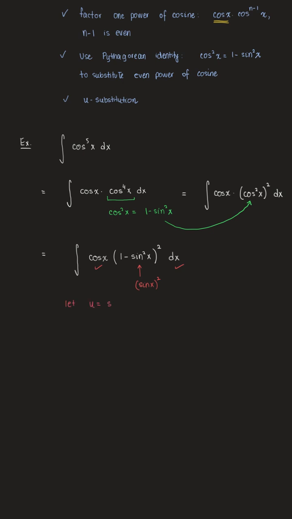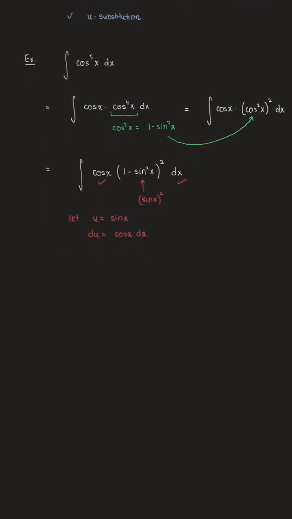Okay, so let's let u be sine x. We'll deal with all the squares in a little bit. And that means that du is going to be cosine of x dx, the derivative. And we can rewrite our integral in terms of u.